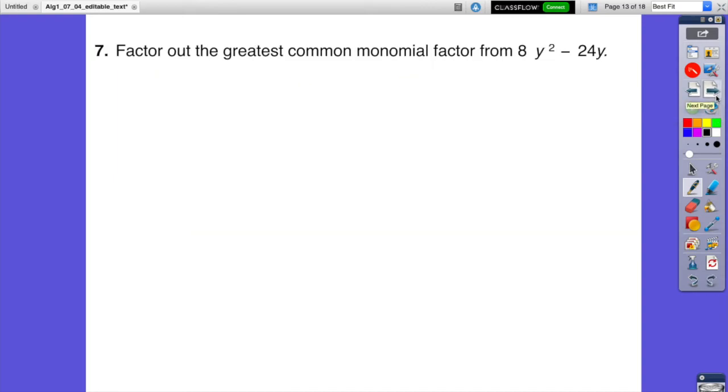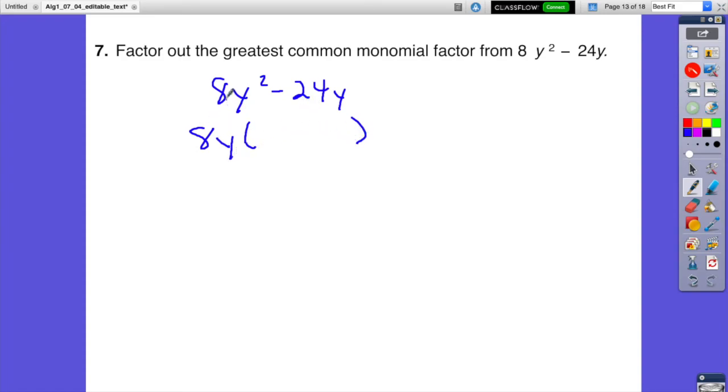All right, let's try this one. Let's factor the greatest common monomial out of this problem. 8y squared minus 24y. Well, let's think. The greatest number that I can divide out here is going to be 8. And then how many variables? 1y.